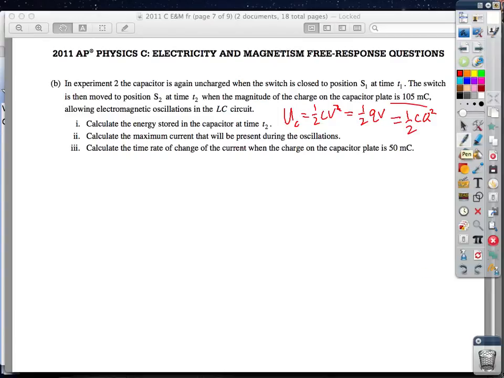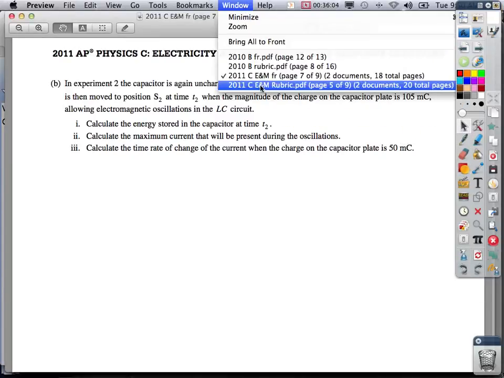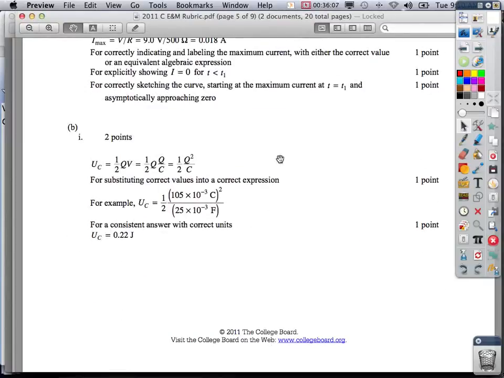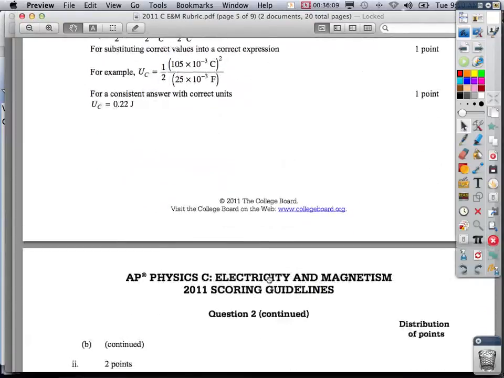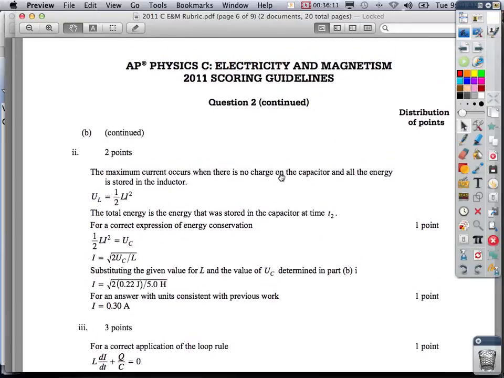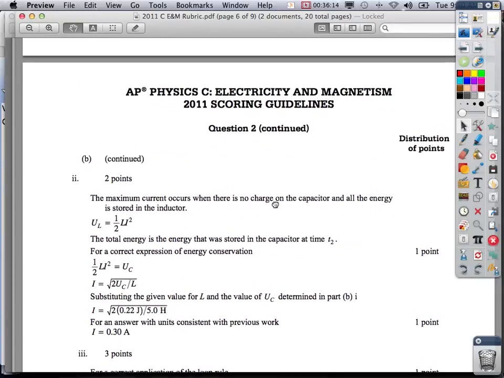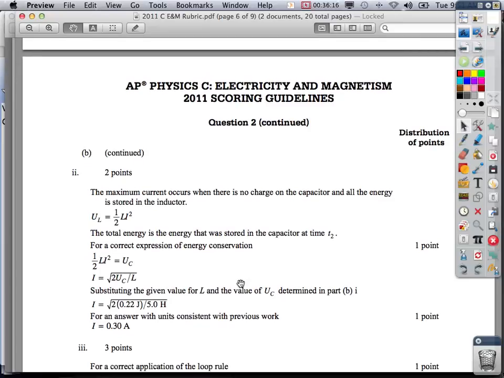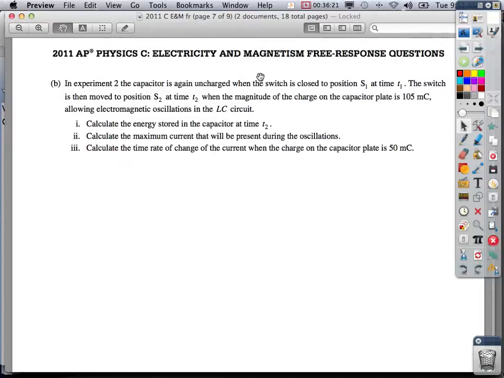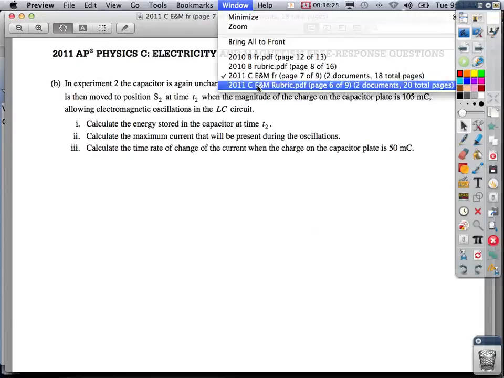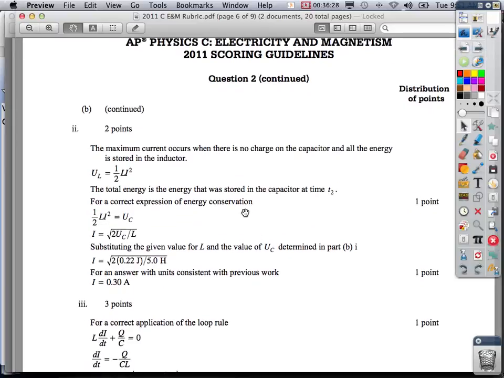Then calculate the maximum current that would be present during the oscillations. So let me double check that, let me make sure that's right. Yeah, okay, so it's whatever you want to use to get your answer there. And then the last two, like part 2, is just a function of using, interesting, they use the energy. Oh, that makes sense. So what they do is they use the energy in the inductor to get the maximum current.